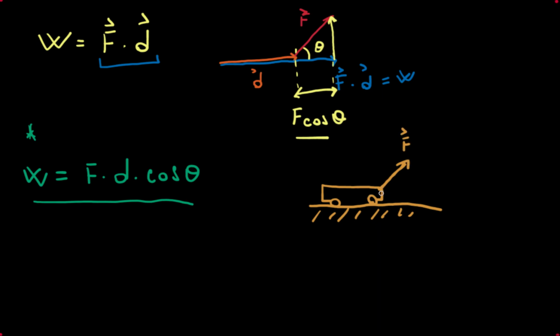But you know that this cart was only allowed to move in this direction. I think it was a nurse pulling a cart at some angle, I think it was 55 degrees or something like that. What happens here is that this 55 degrees is this angle right there. And so you have to apply the cosine of 55 degrees to this force to figure out what the work would have been.